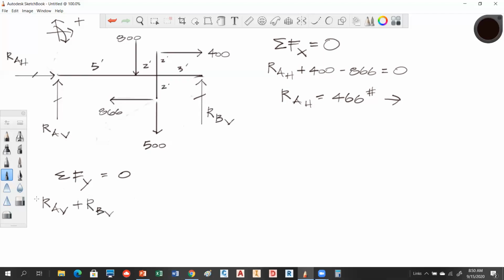Both of these are plus, I just didn't put the plus out here. Now we have negative 800, negative 500. Any more verticals? We already took care of those. Two unknowns, and these two acting down on this bracket. So it looks like that's our complete equation.